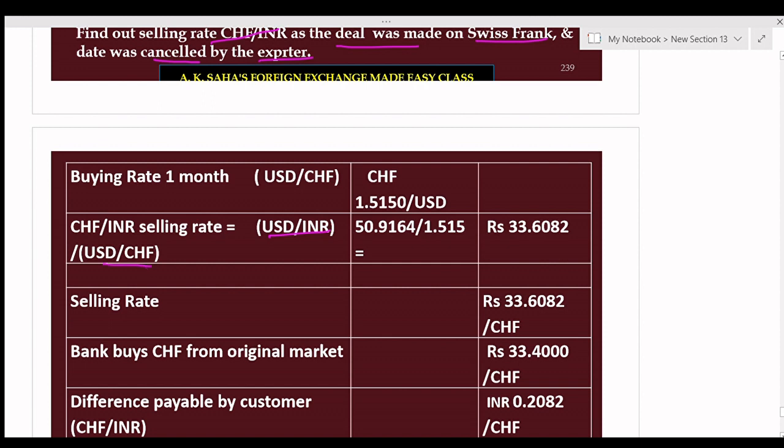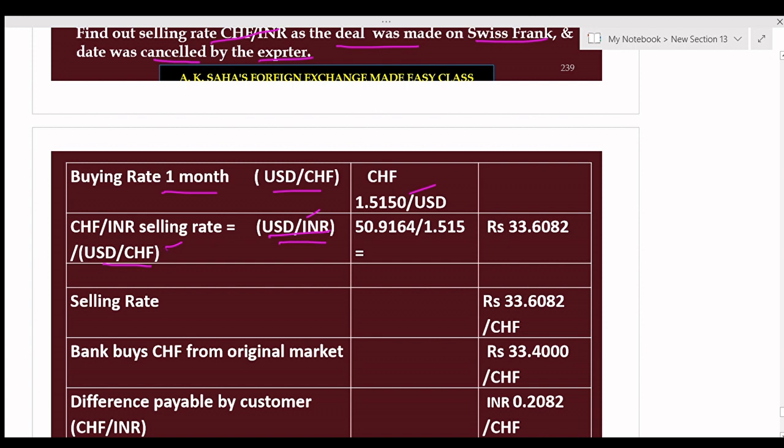USD CHF will be the buying rate. So the buying rate of 1 month USD CHF is 1.5150 per USD.